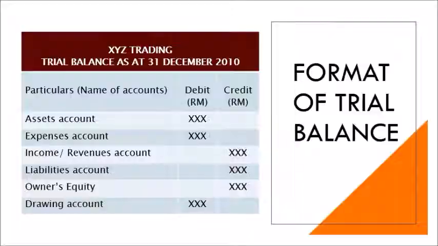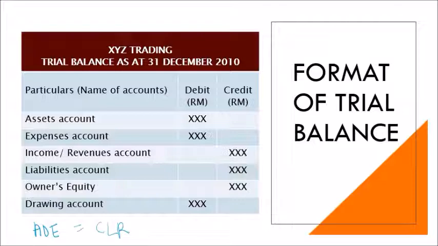Okay, so let's go through. So the format of the trial balance I've showed you before. So these are the formats. See, you can see the format. The other is in the debit. See, debit, while the credit is on the credit side.